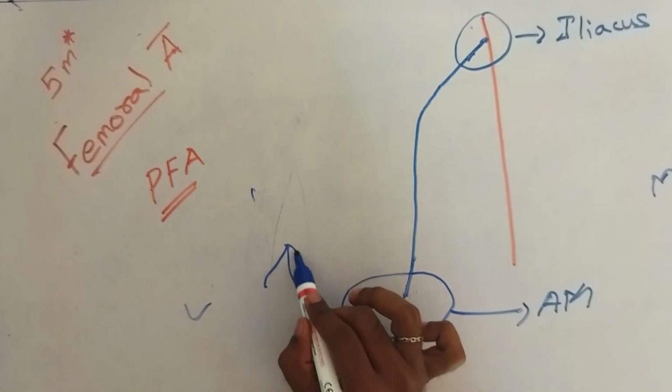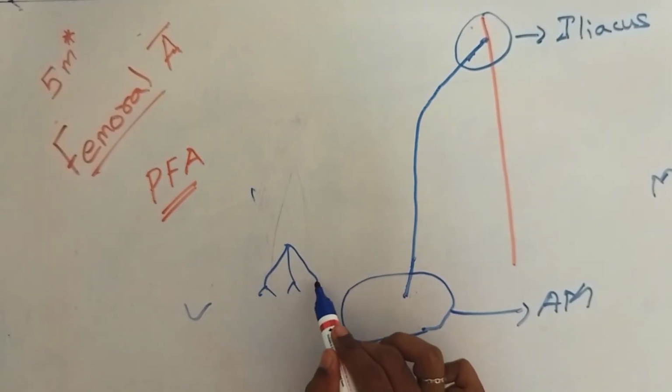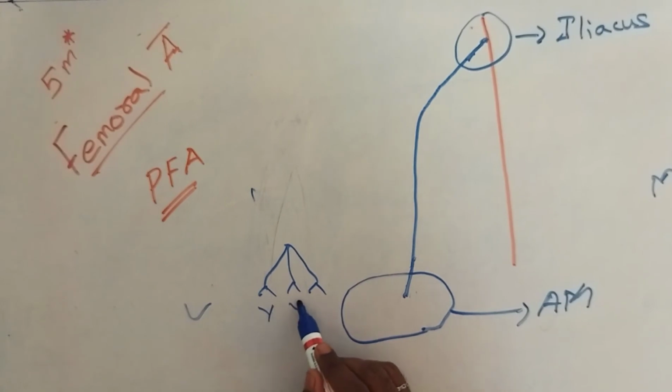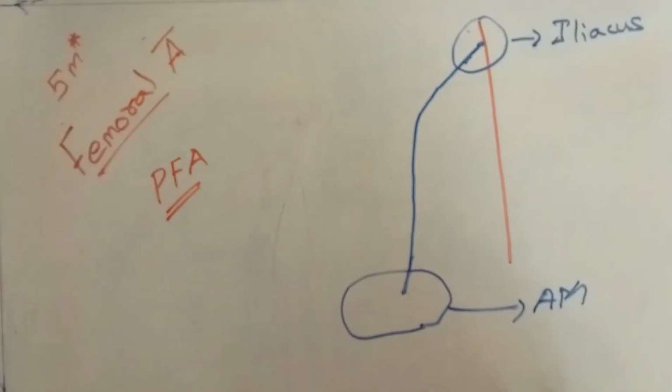At the adductor magnus, this profunda femoris artery forms an anastomosis with the muscular branch.